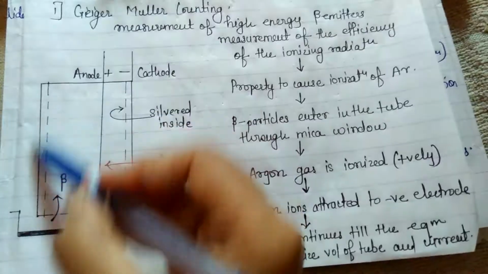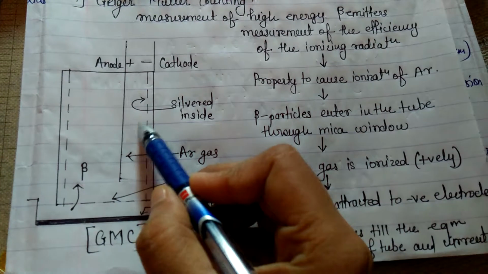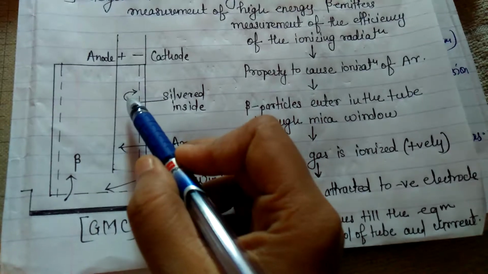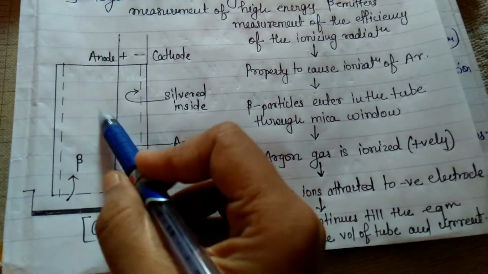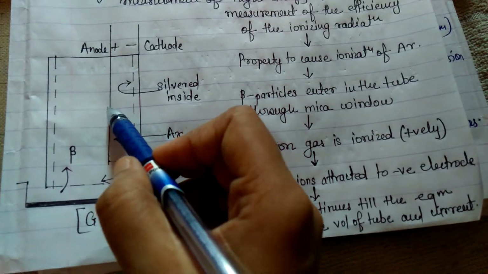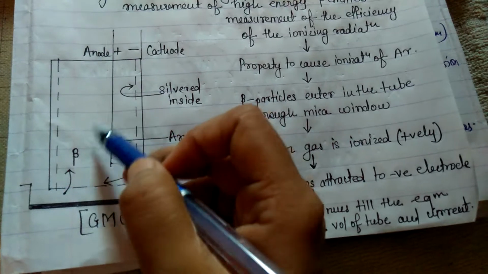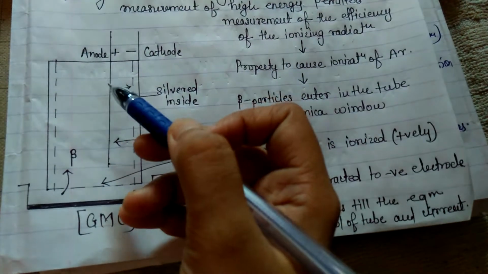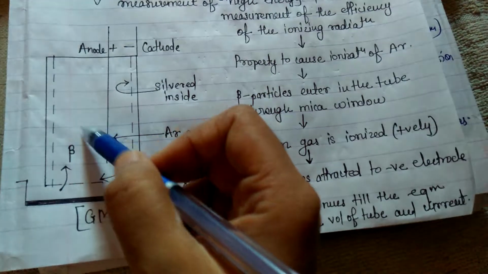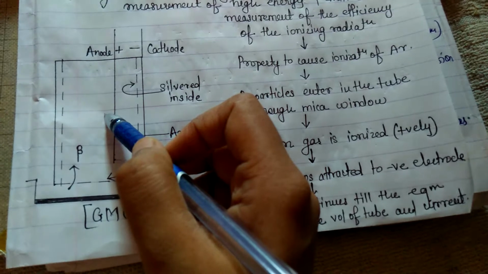So this is the Geiger-Müller counter. It has the ability to cause ionization of the gas. Which gas is present in this? Argon gas is present. The ionization of the argon gas will produce the ionizing radiations, and this argon gas in the tube is easily ionizable.